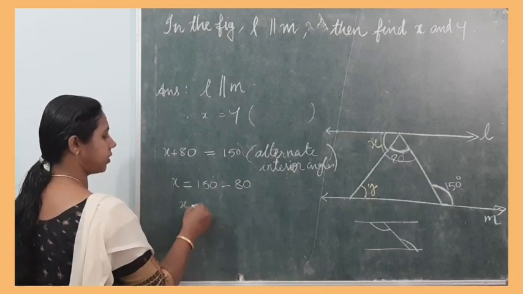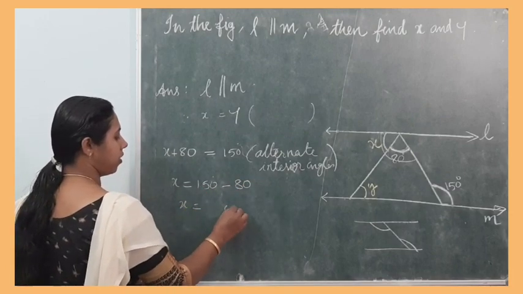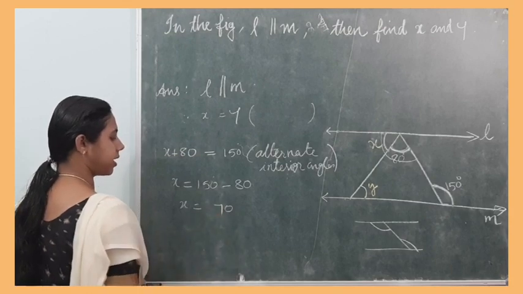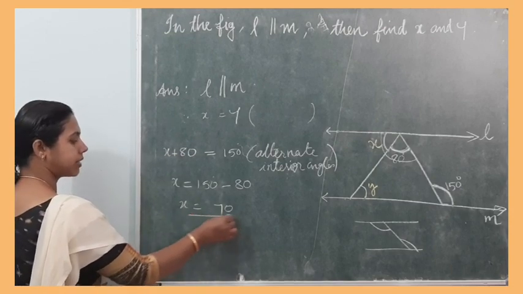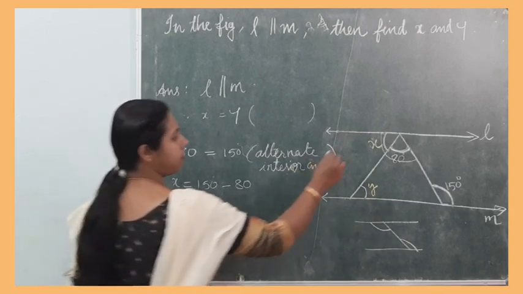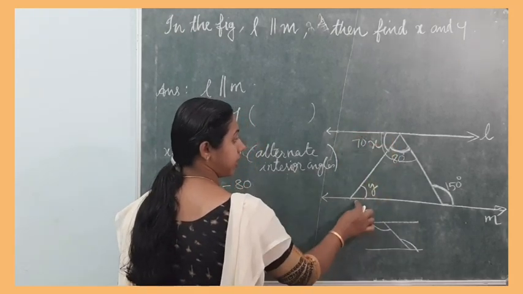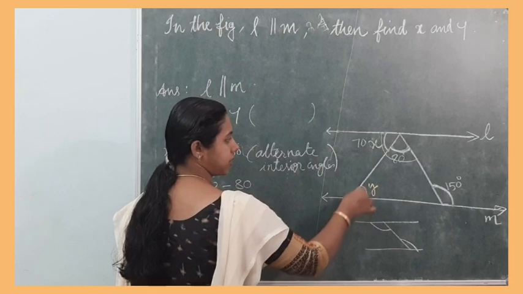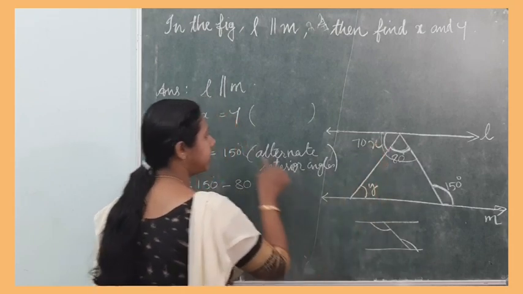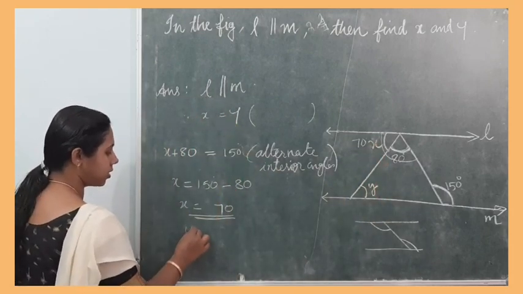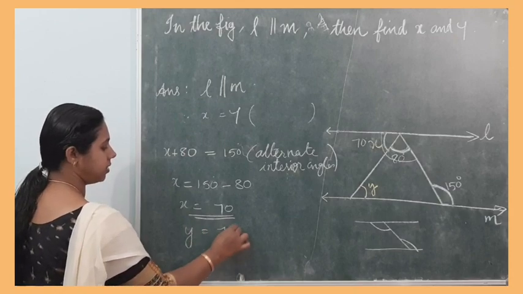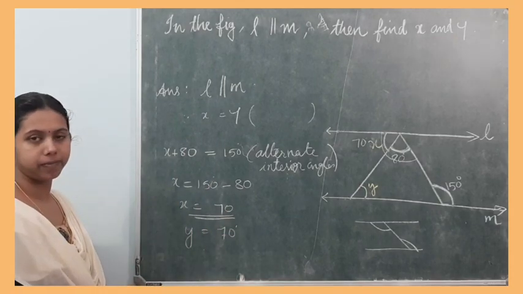So x is equal to 15 minus 8 is 7. So x is equal to 70 degree. If this angle is 70 degree, then we know that these two lines are parallel and this is a transversal. So these two angles are alternate interior angles. So y is also equal to 70 degree.